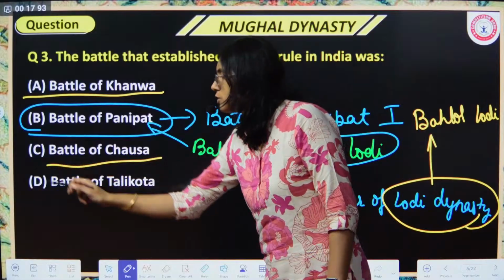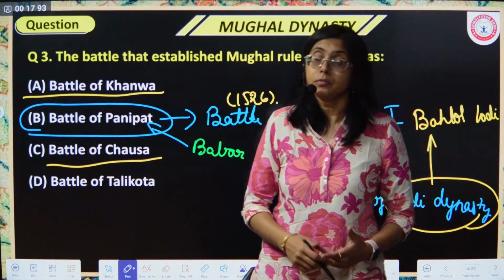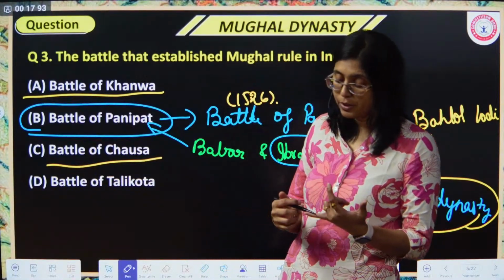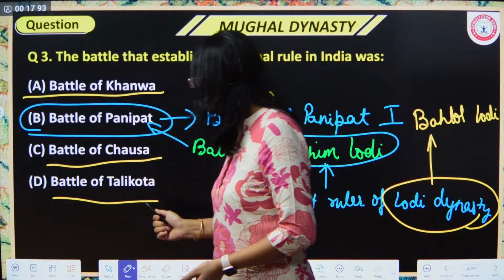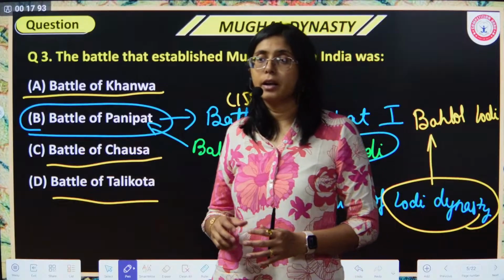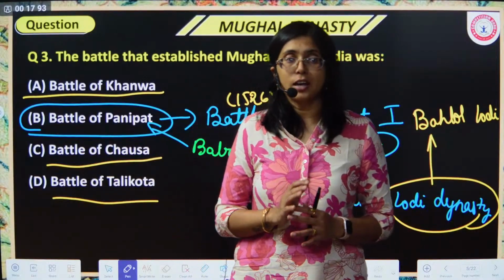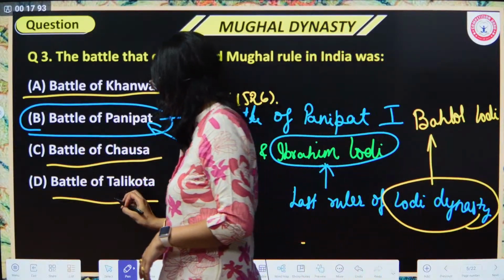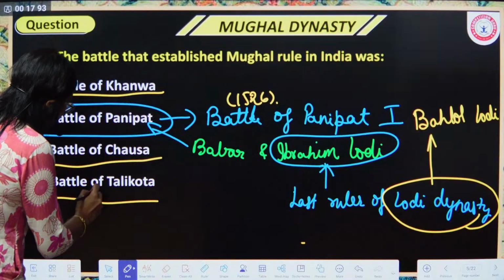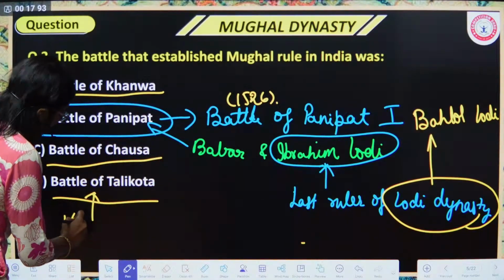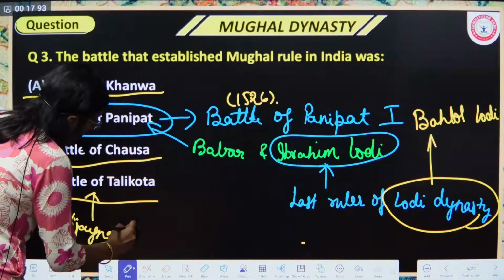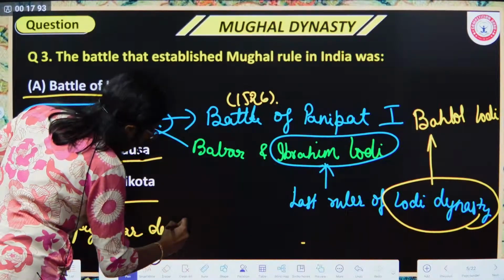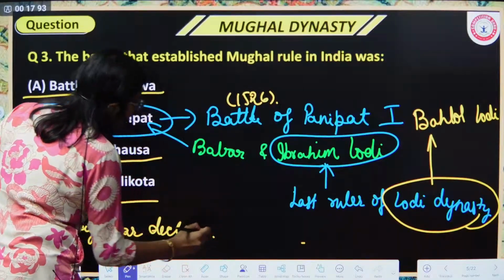Battle of Chausa between whom? Between Humayun and Sher Shah Suri. And the Battle of Talikota was fought for the Vijayanagar Empire. After this battle, Vijayanagar declined. Right.